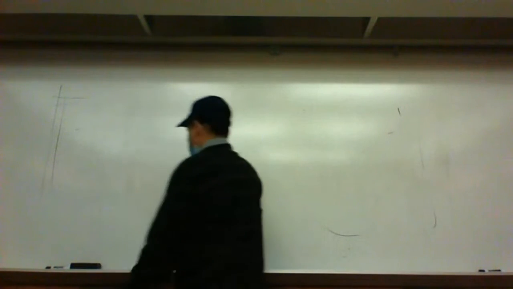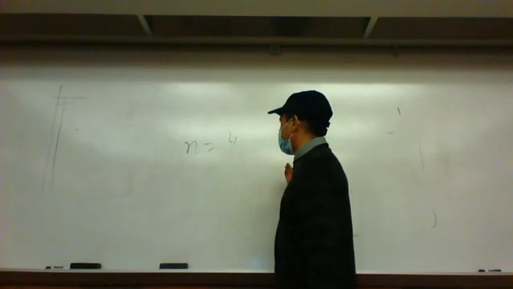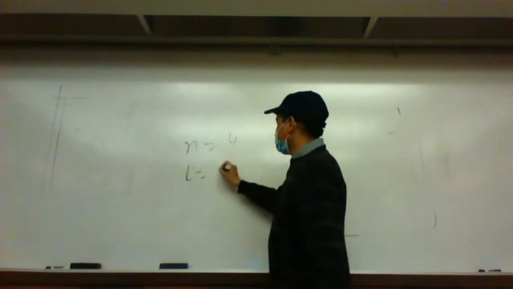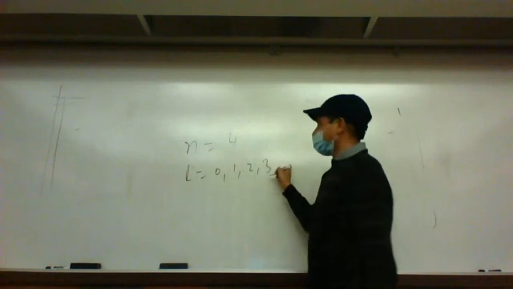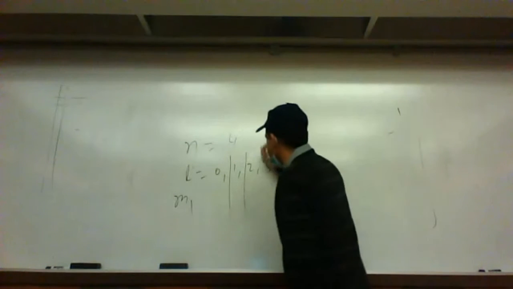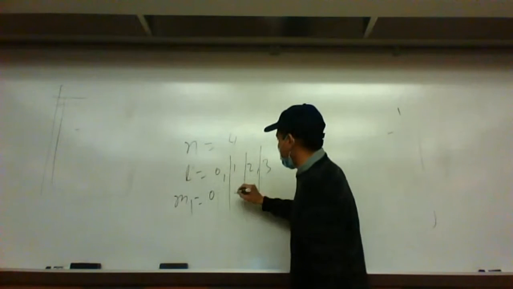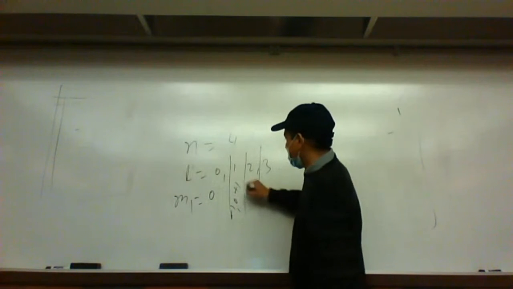So if n equals 4, I might ask, what are all the quantum numbers for n equals 4? l is equal to 0, 1, 2, 3, not up to 4, right? And what are the ml values for these? For l equals 0, ml is 0. For l equals 1, I have -1, 0, +1.